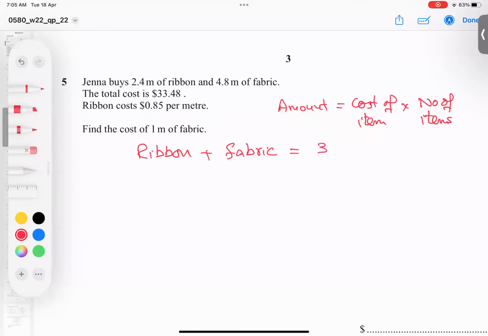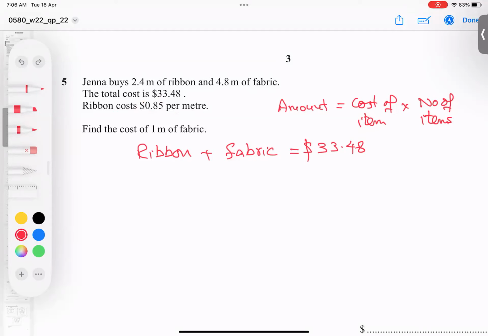33.48 dollars, 33.48. Look at it mentioned. So it means that money spent on ribbon plus money spent on fabric is this much. So you know it very well. One meter of ribbon costs this much.